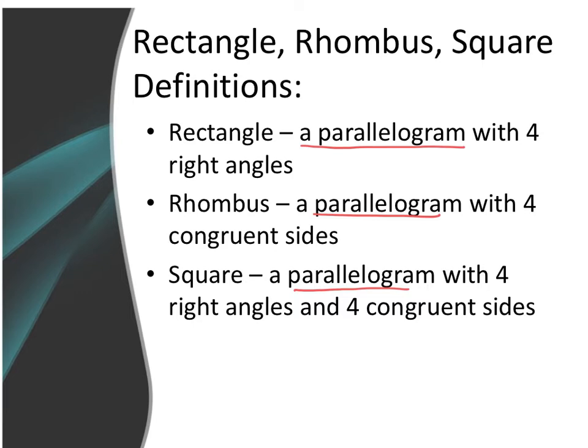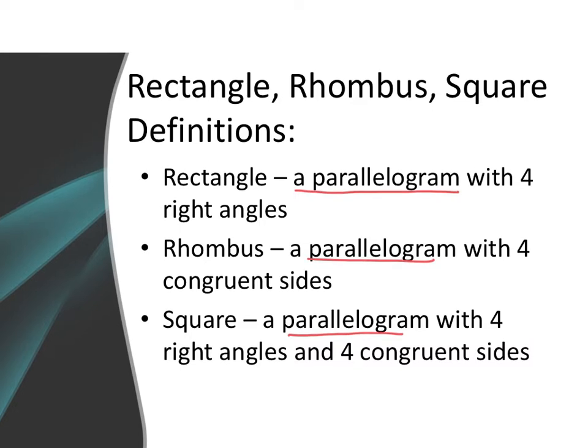All three of these have all the same properties that we learned for parallelograms: opposite sides congruent, opposite angles congruent, diagonals bisect each other. But now we're going to add in a little bit more specialization. For example, the parallelogram looked like this. Oops, it's kind of slanted there.